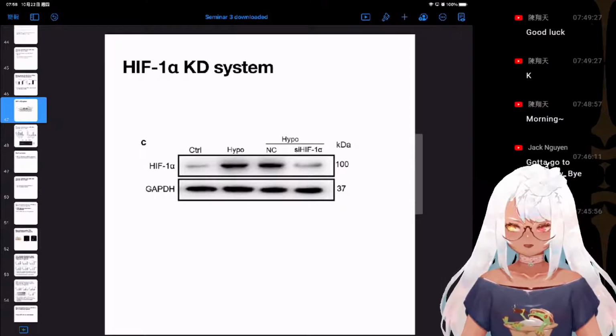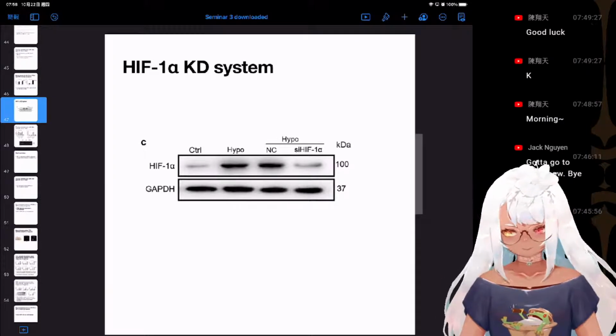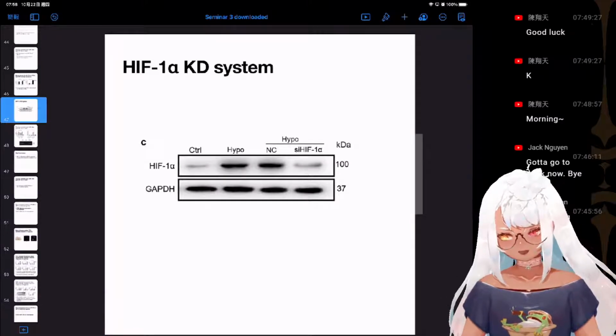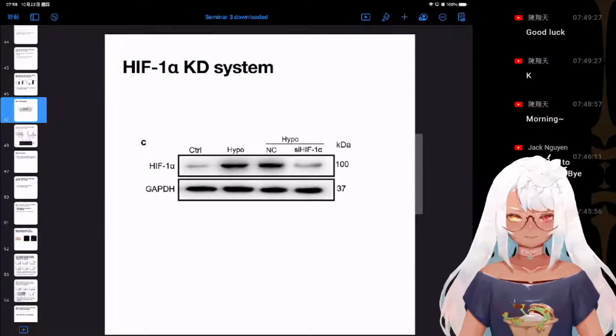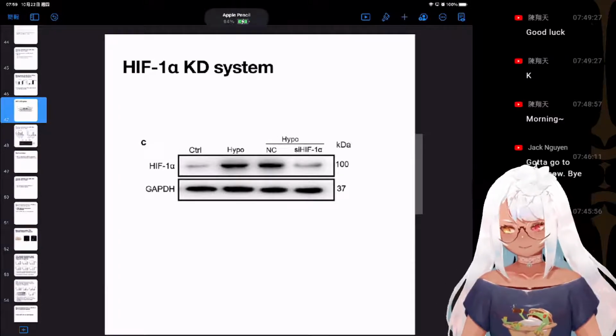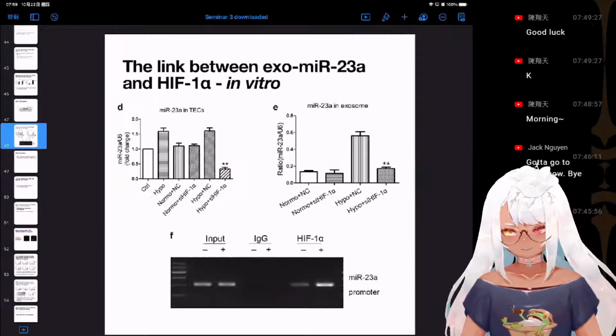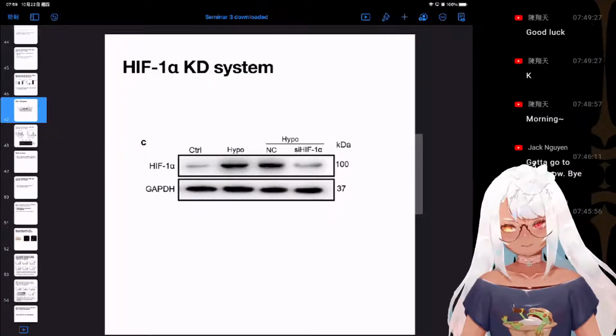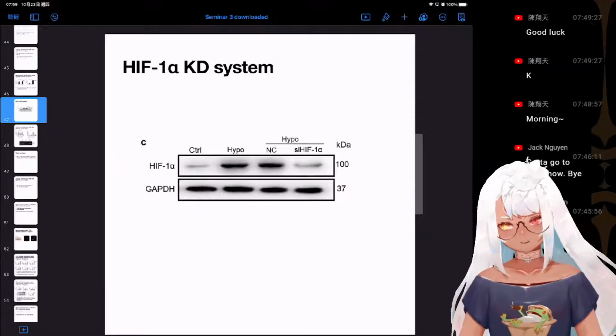Okay, so to investigate whether HIF1 alpha is related to the expression, the author wants to perform a loss of function experiment.